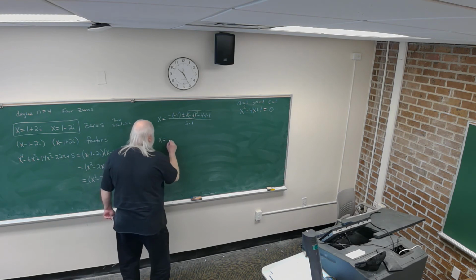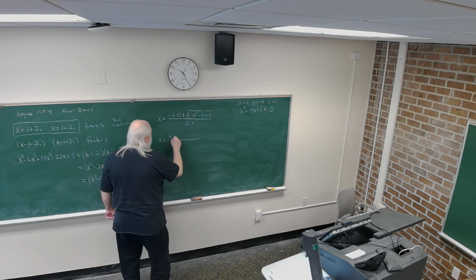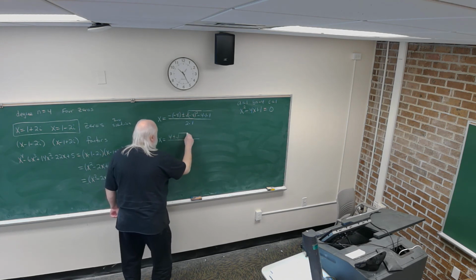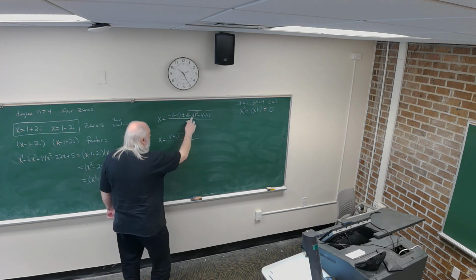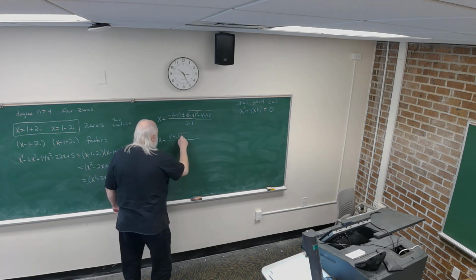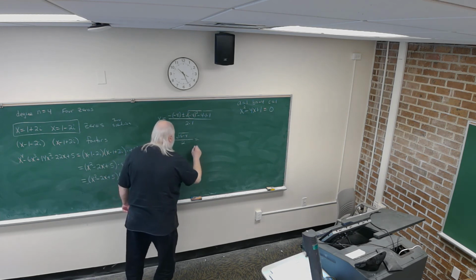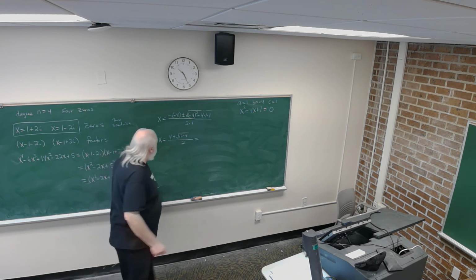Now it's arithmetic. Negative of negative 4 is plus 4. And what's under the radical, the square root? Minus 4 squared is 16. So we have 16 minus 4, all divided by 2. 16 minus 4 is 12.